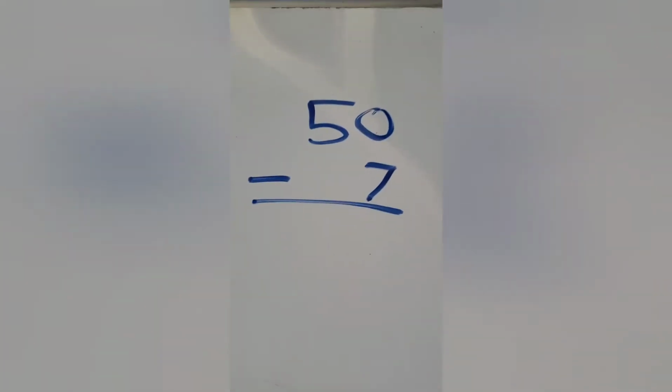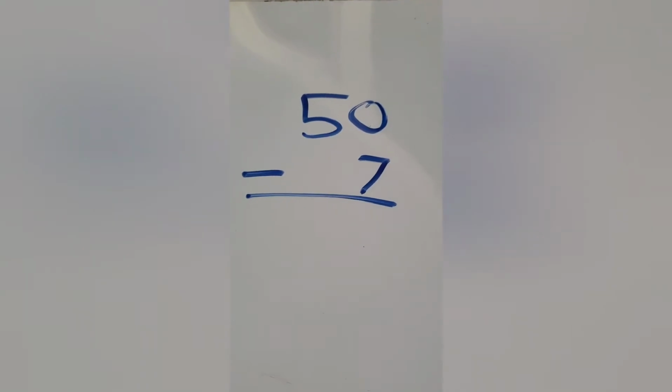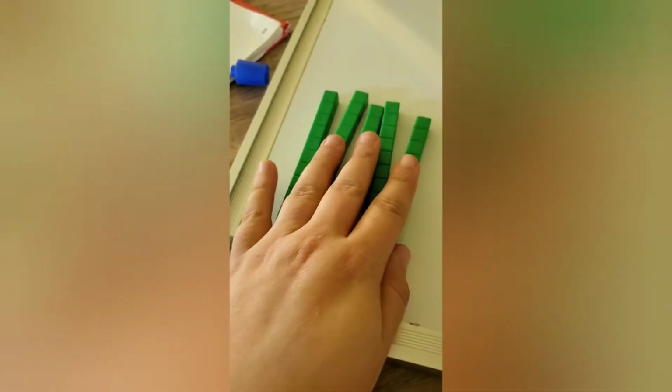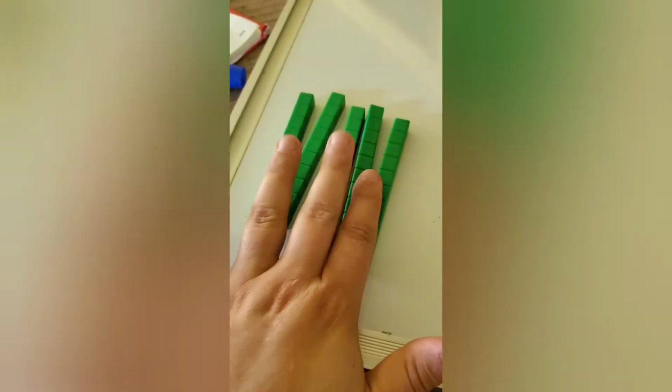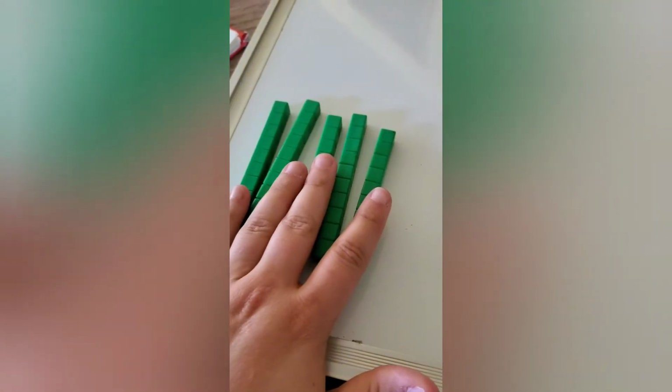Right, so now I'm going to have you guys try it out, okay? Right now, I want you to get out a piece of paper, okay? And this is what you're going to write. Here's my problem that I need to solve. 50 take away 7. And I want you to draw out 5 rods, okay?